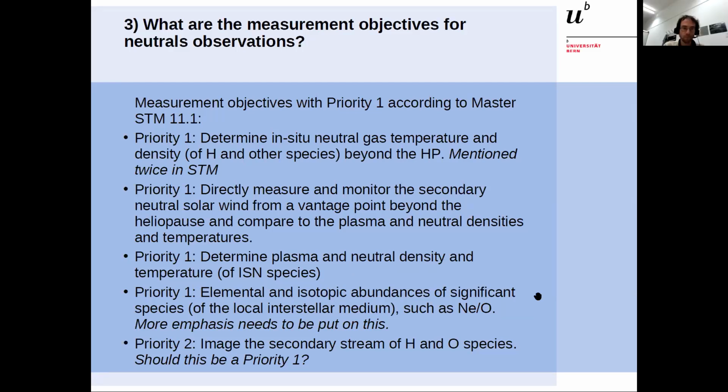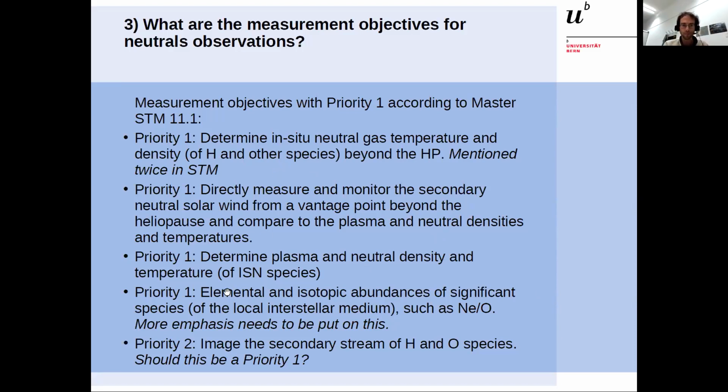And of course, it's mentioned, but we might in total put somewhat more emphasis on this, because there are some other priority ones, or measurements that are very important for the interstellar probe, but some of this could in principle also be done partially by another spacecraft that doesn't go out 200 AUs.